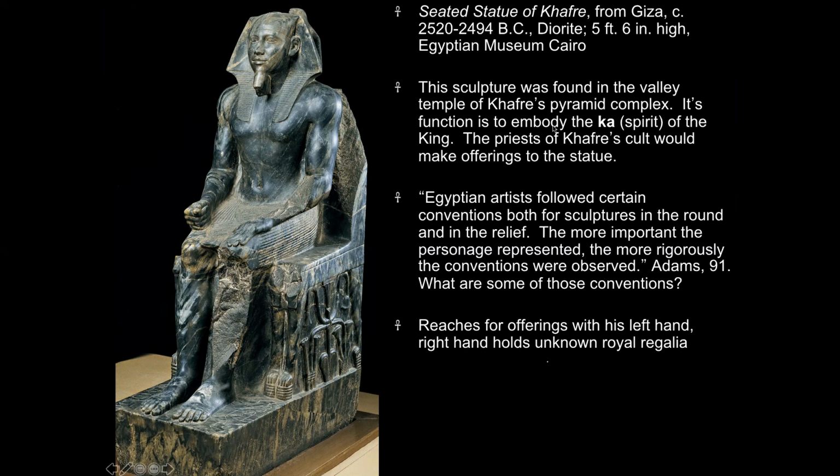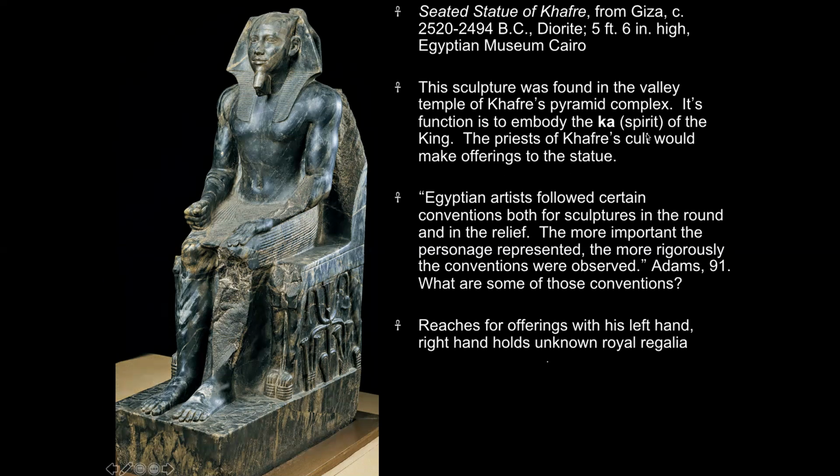It was kept in what was basically a closet with a door, and the door had a tiny hole in it. And it was not for people to look in at the sculpture, but instead for Khafre's spirit to look outwards. So even though this is beautiful and was very difficult to make, it wasn't for display. It was to embody the spirit of the king.